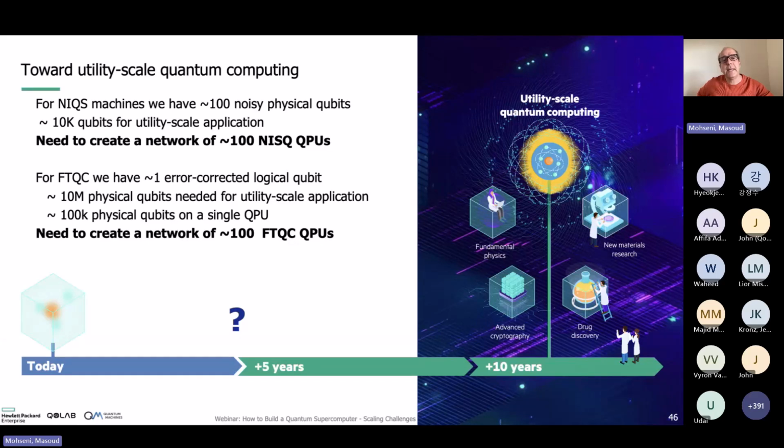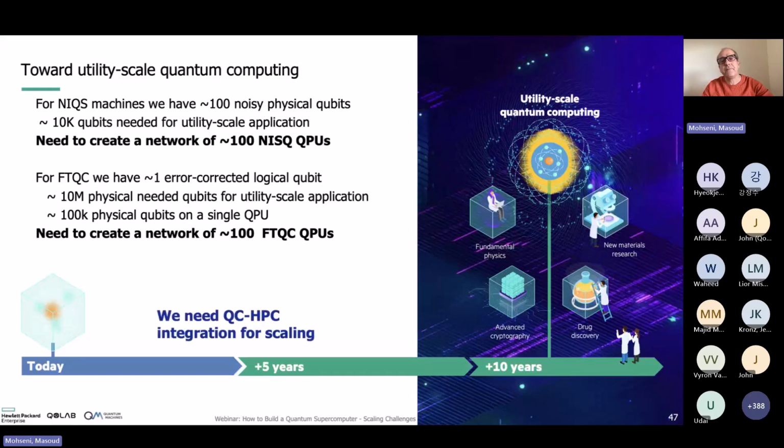If you want to do anything realistic, as I'm going to discuss later, you need at least tens of millions of physical qubits, and we are nowhere close to that. Based on pretty optimistic projections for superconducting qubits, you can place on the order of 100K in a single dilution refrigerator. So if you want to do surface code quantum error correction, you need distributed quantum error correction, connecting hundreds of these QPUs.